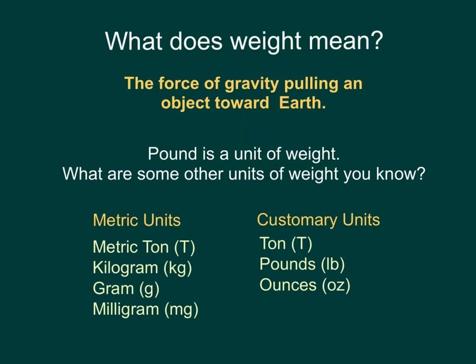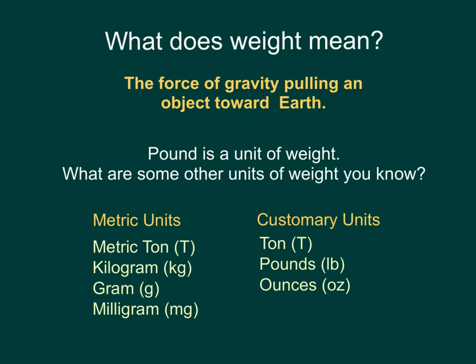When talking about weight, there's two different categories we think about: metric units and customary units. The majority of the world uses metric units. The United States is one of the few countries that uses customary units. It is also known as U.S. customary units because of that.